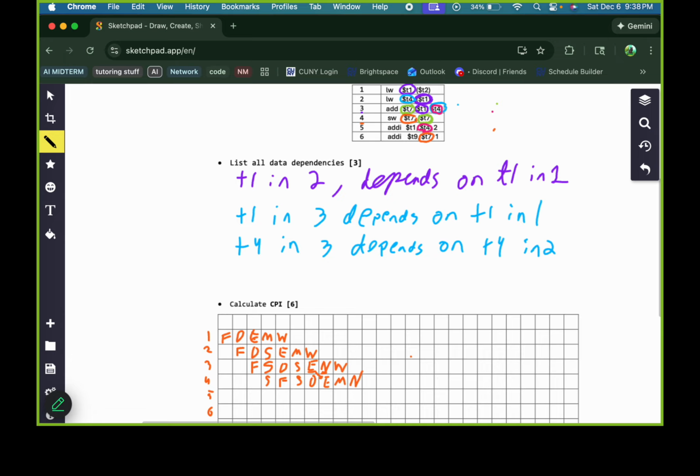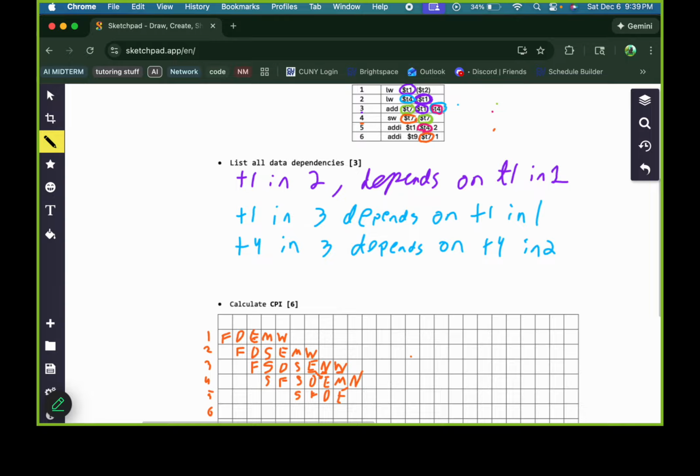Okay, then we have 5, which is going to be an R type, so this is stall, fetch, decode. Do we have any data dependencies? We do, but T4 finished back in 3, and we have a W here, so I can go on the WE.